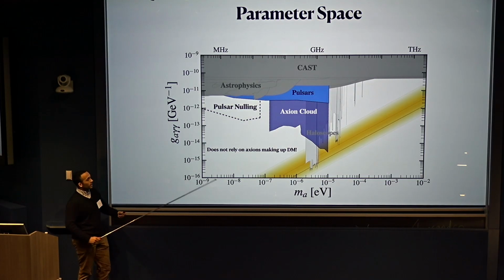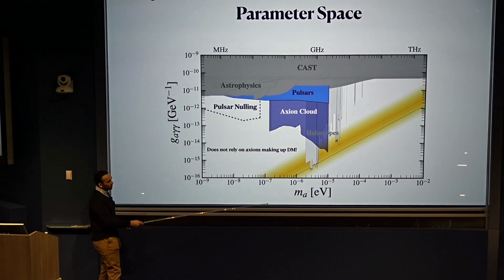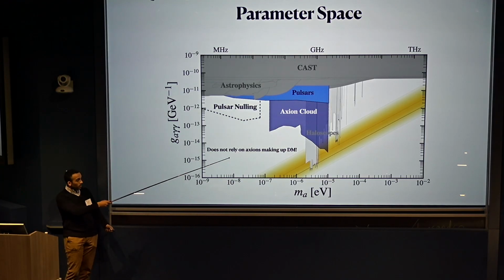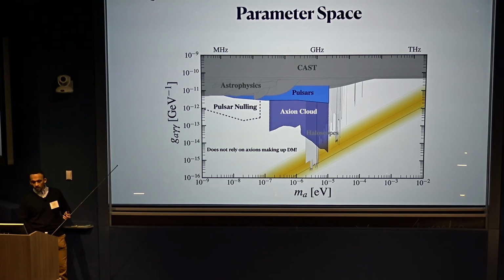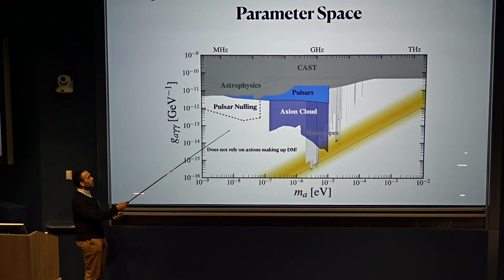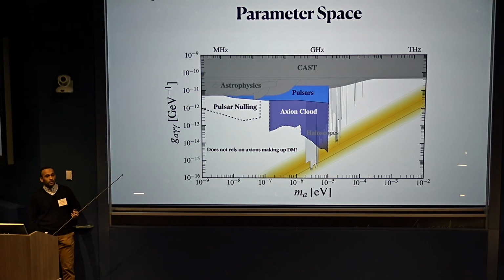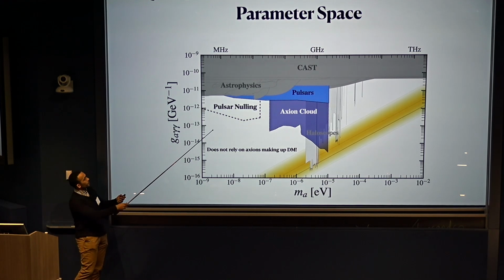A search for these lines, this is not a constraint, this is a projection, could even cut into QCD axion parameter space at higher masses. And finally, the range of parameter space in which you might expect axions to lead to pulsar nulling through the formation of this axion cloud is shown right here.